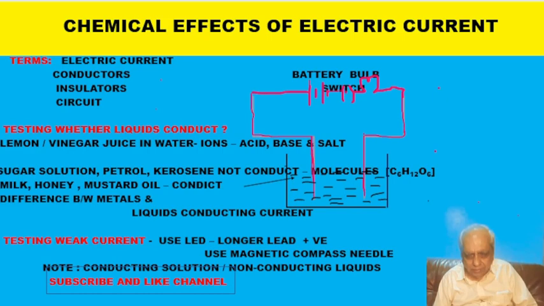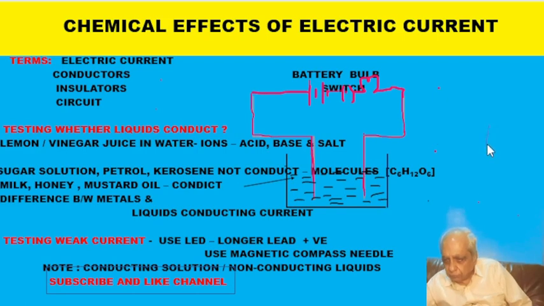But plus 15 minus 10 will give plus 5, so it will become positive charge. So a battery has two terminals, one is positive and the other is negative. Like you know that a battery is like this.